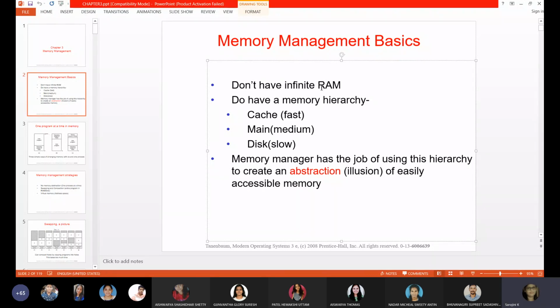See, we have a small RAM and there are more processes. Somehow we have to give space in the RAM. For example, assume that there are 10 processes currently in the multi-processing system. The 10 processes will share the RAM.